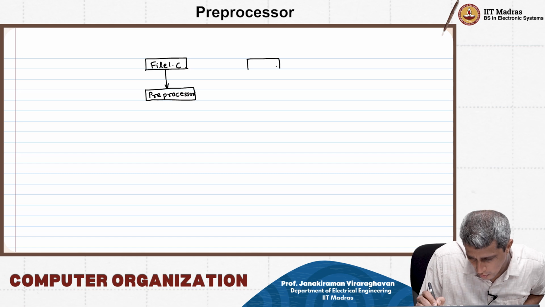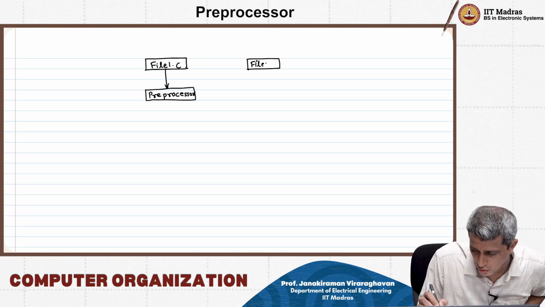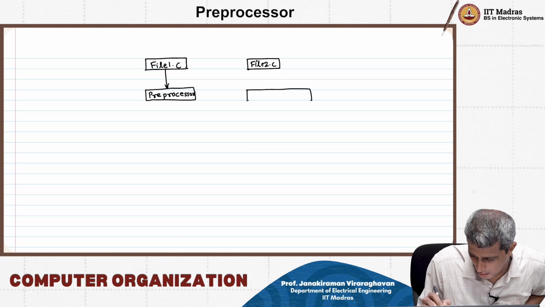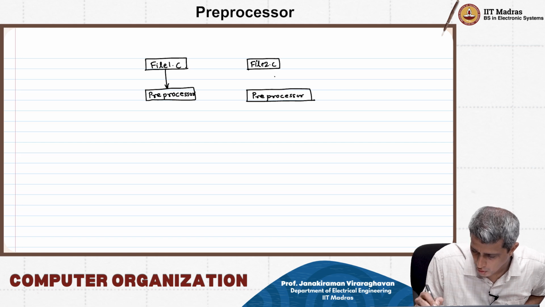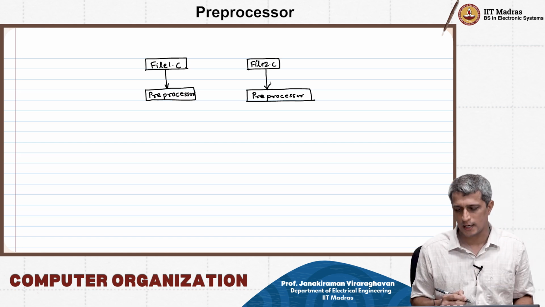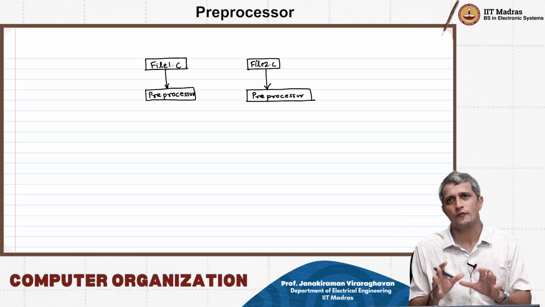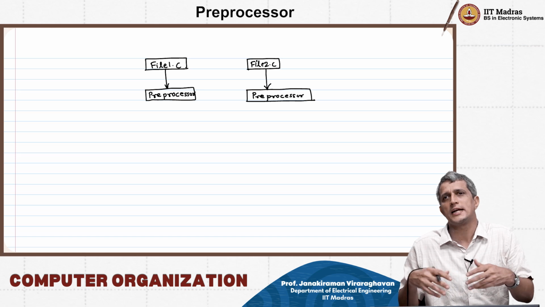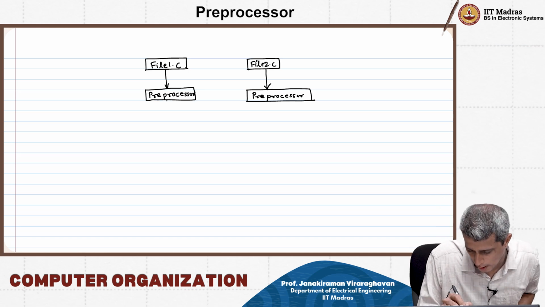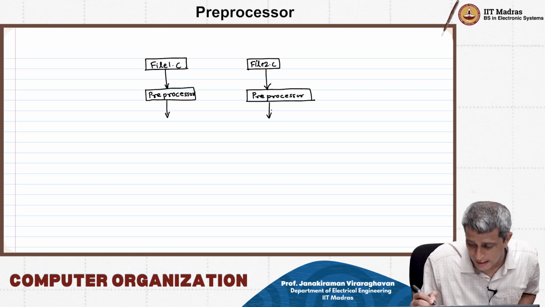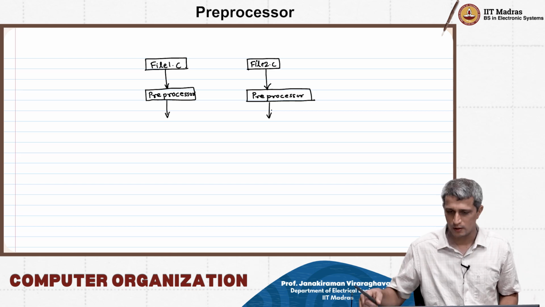Likewise, file 2.c goes through another preprocessor, right? So after this you are going to get some intermediate output. Okay, so we'll see what that intermediate output is first.